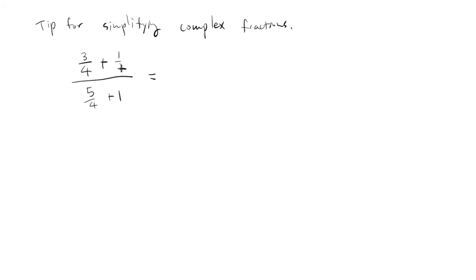And, well, 2 and 4. What's the common denominator of 2 and 4? Well, we're looking for the least common multiple, right? And since 2 times 2 is 4, 4 is the least common multiple. So you multiply 2 top and bottom. And for 1, you can rewrite it as something over 4, right?